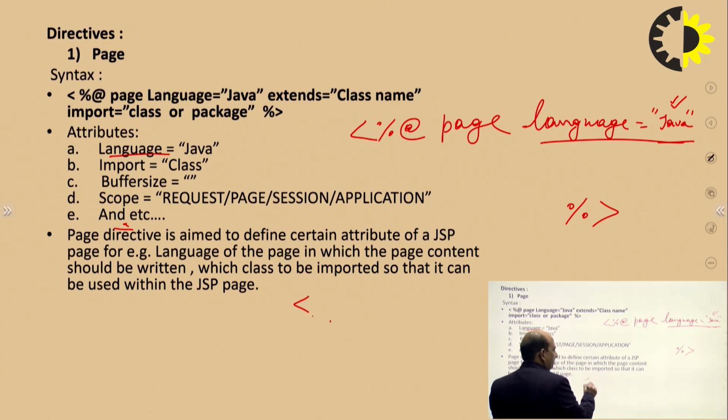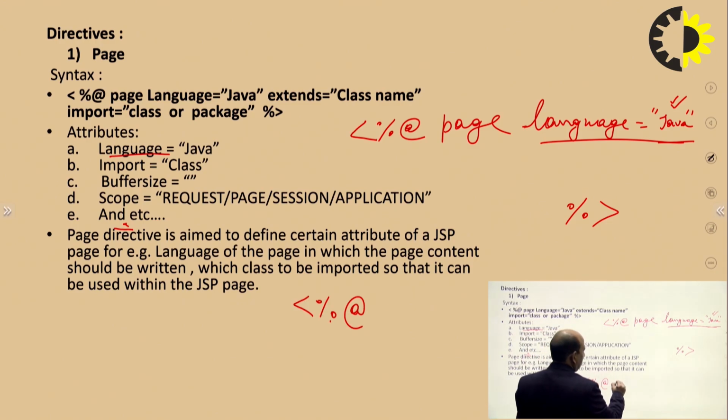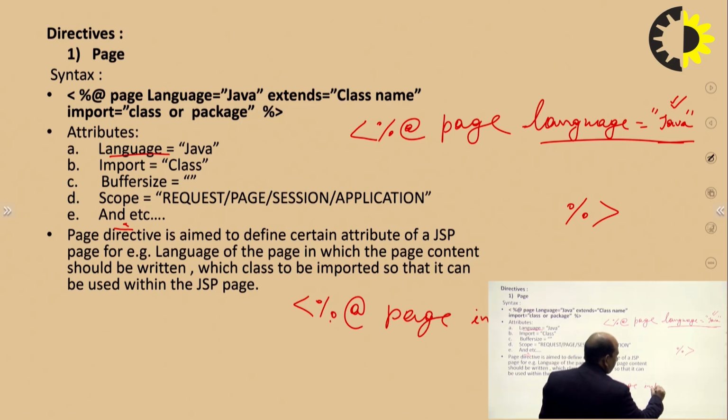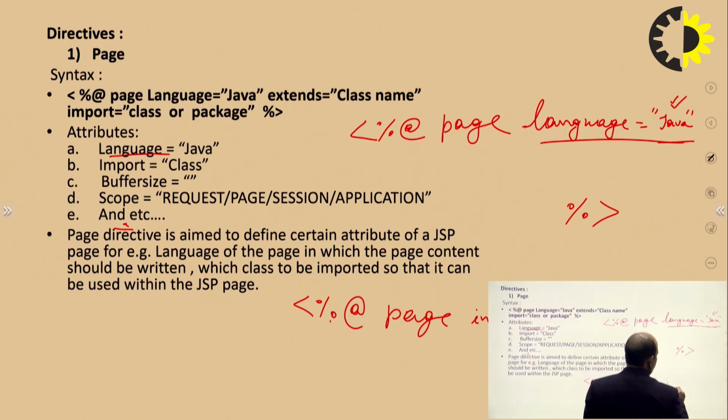For that you can use the import attribute: @page import equals to, and here I am writing java.util.*.